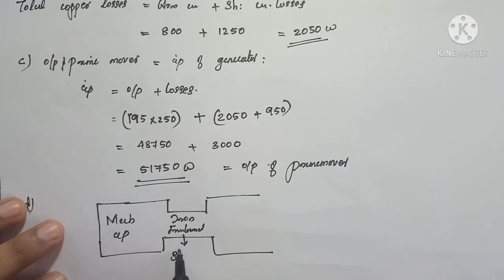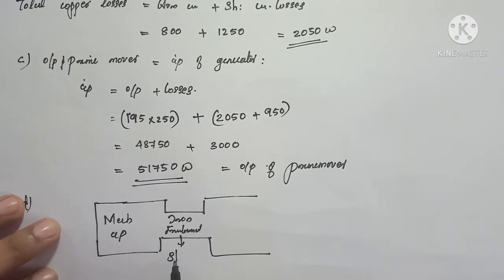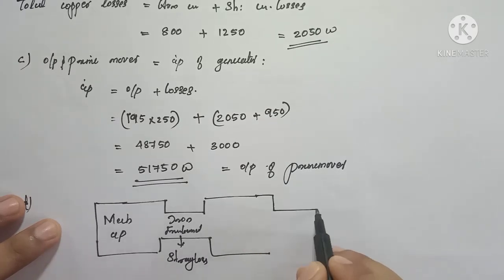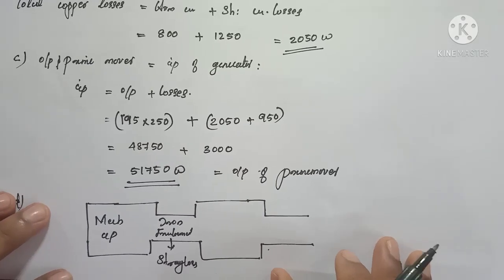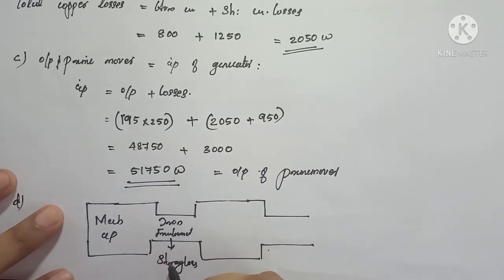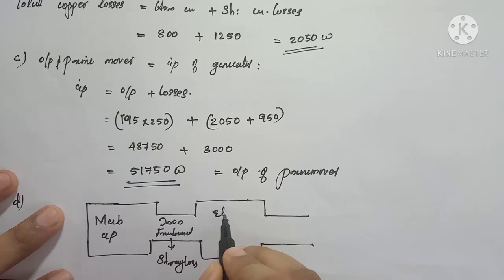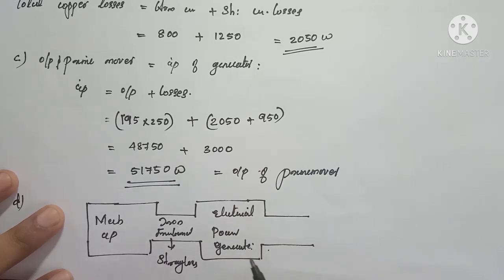Collectively we can call them stray losses. And we will get electrical power generated after these losses. Electrical power will be generated in the armature, or developed.